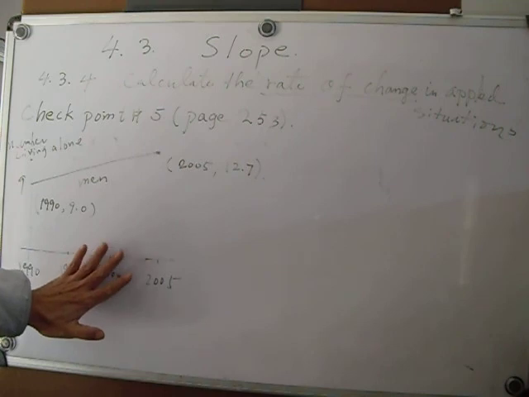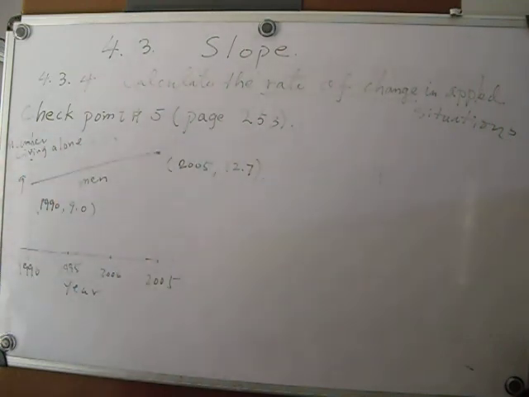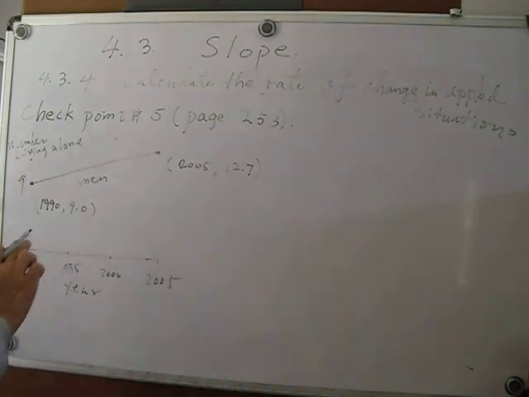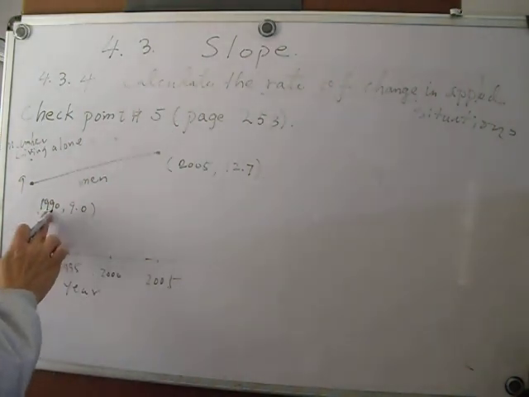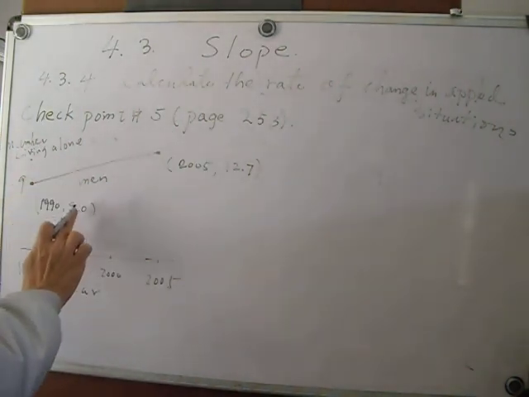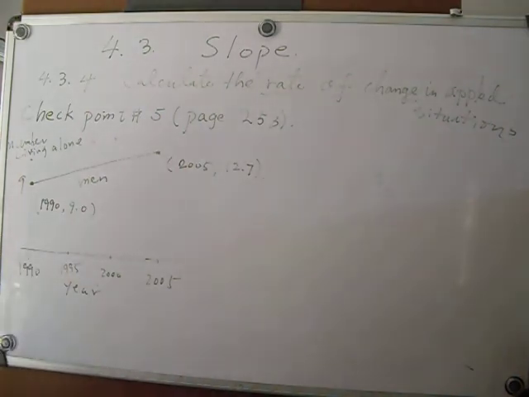In this year, how many are still living alone? For the very first point, we are using this point. Obviously, they even label the point for you. In 1990, for men still living alone, you have a 9, meaning 9 million men live alone.